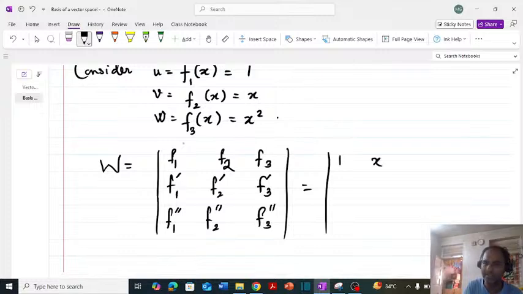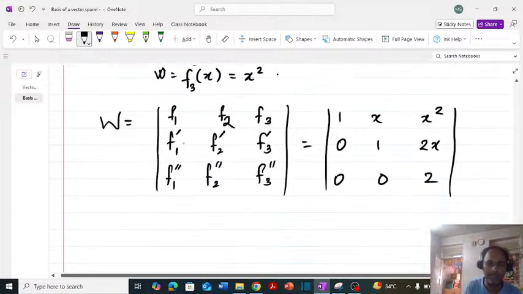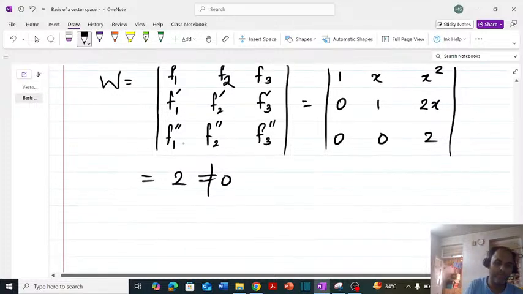So the rows are 1, x, x square; the first derivative row is 0, 1, 2x; and the second derivative row is 0, 0, 2. The determinant over here is equal to 2, which is not equal to 0.